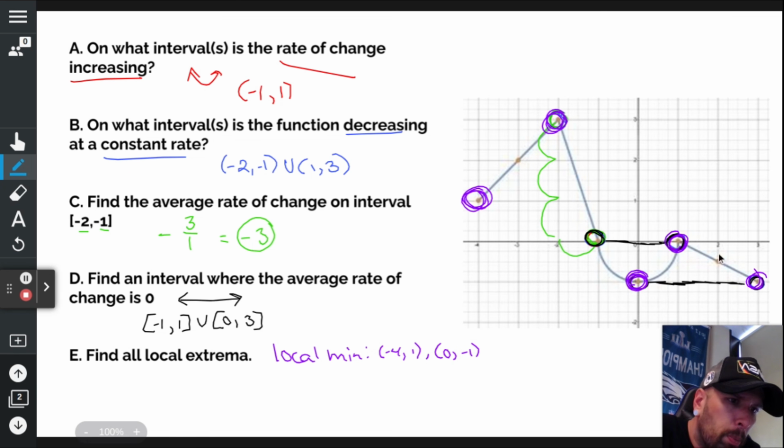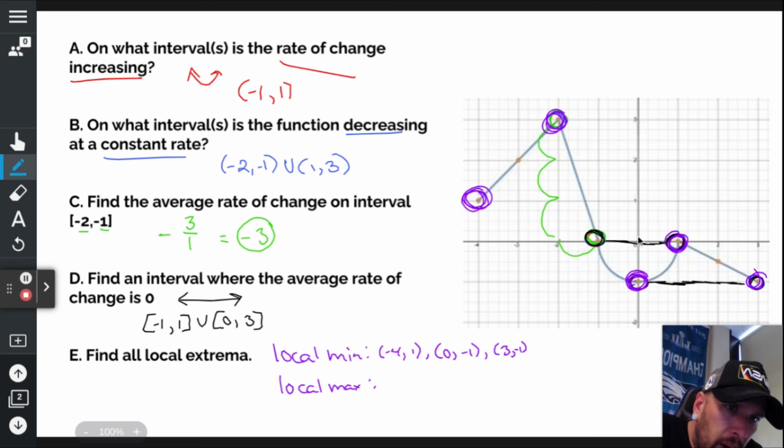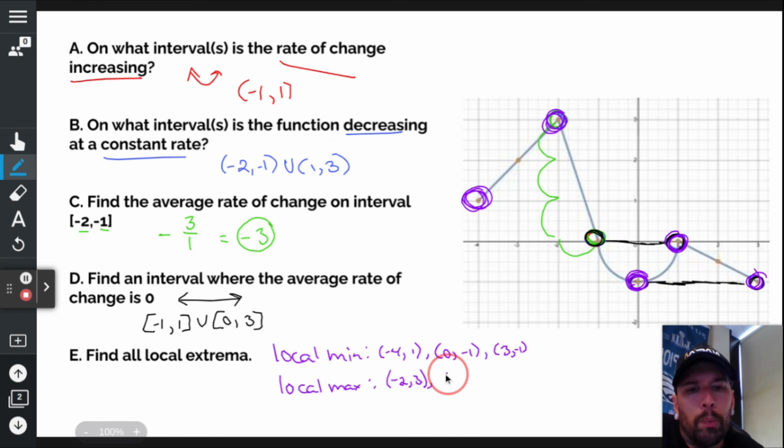And you're a local min, so you're 3, negative 1. My local maxes, or maxima, is going to occur here at negative 2, 3. And also 1, 0.